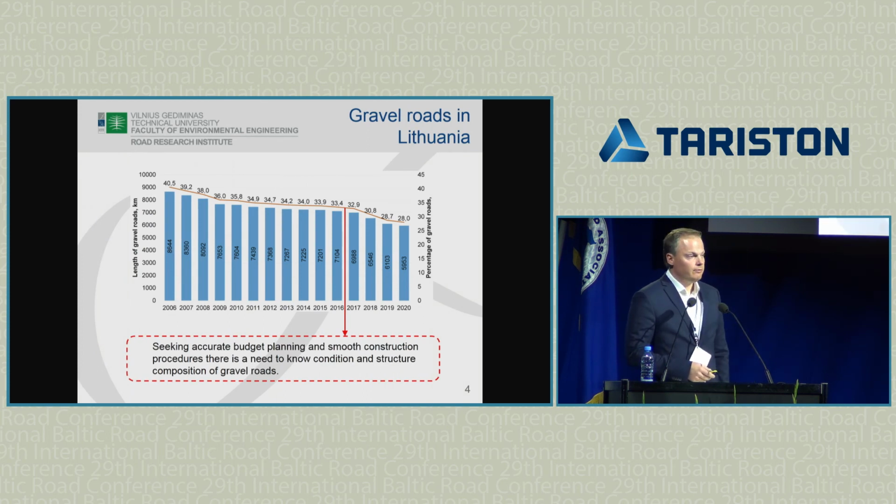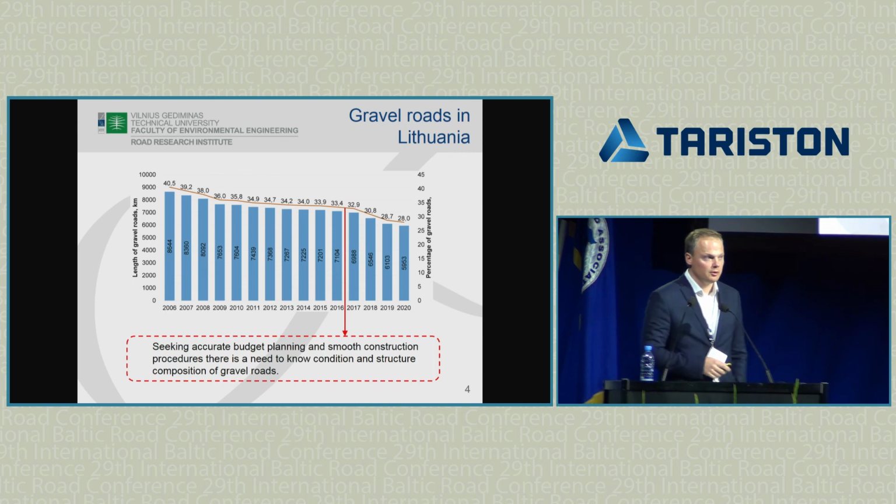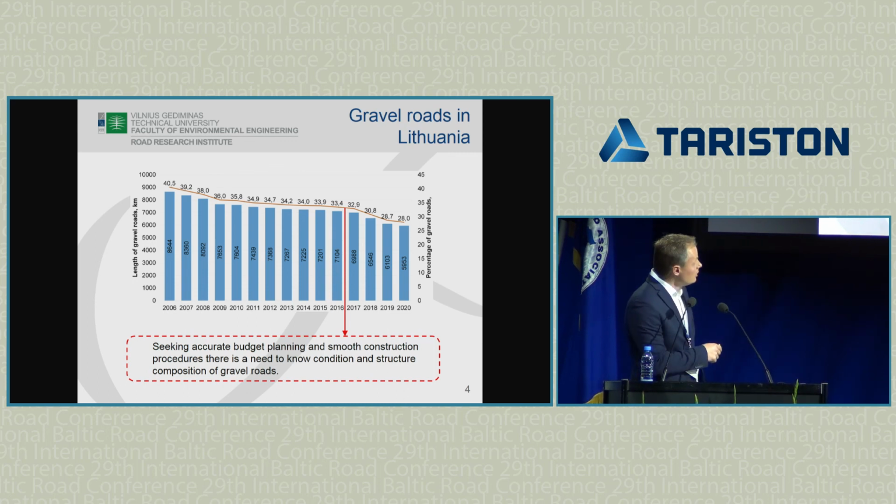Here we can see the graph of the decrease of gravel roads in the Lithuanian road network. And you can see that starting in 2006, we started the gravel roads asphalt program, and through 5 years we reached quite reasonable numbers of decrease of gravel roads, but afterwards we stopped, and it was almost the same situation through 5-6 years.